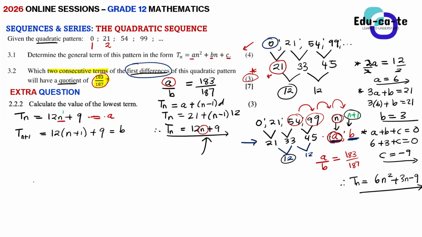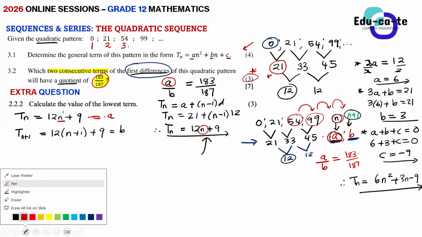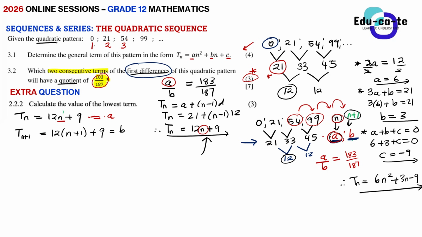So these integers are term positions, and for me to move from one term position to the next, I add 1. Since these 2 consecutive terms, A and B, are following each other, their positions differ by 1. So if the position of A is equal to n, then the position of B must be n plus 1. Is that clear?